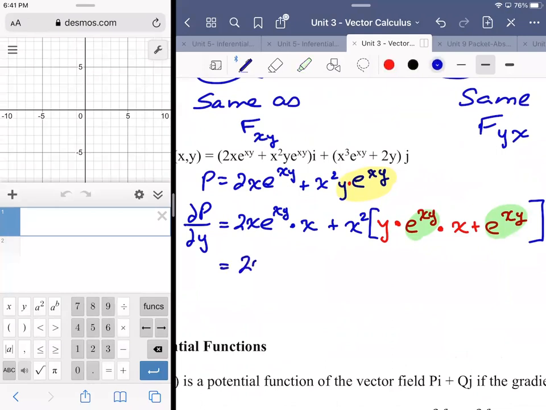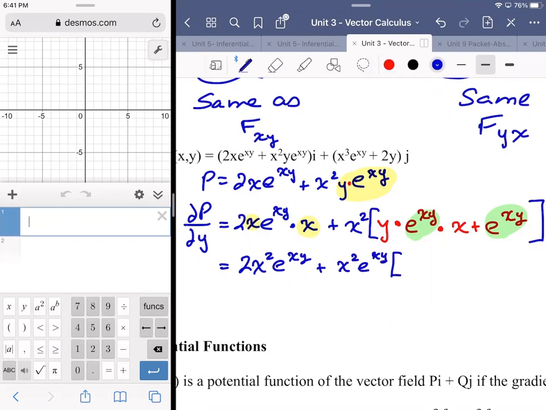I'll rewrite the first part, 2x. Well, let me clean that up too. It's 2x squared because I can consolidate these two. E to the xy plus x squared e to the xy.